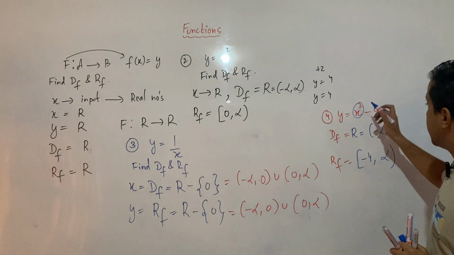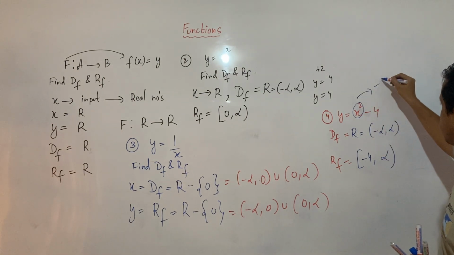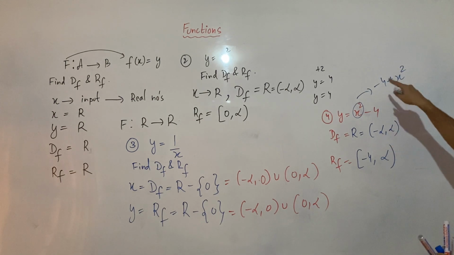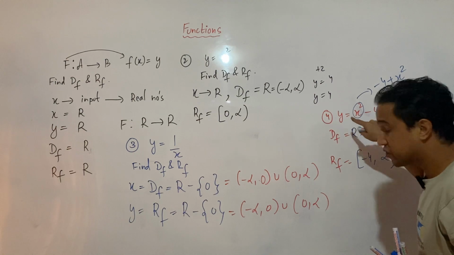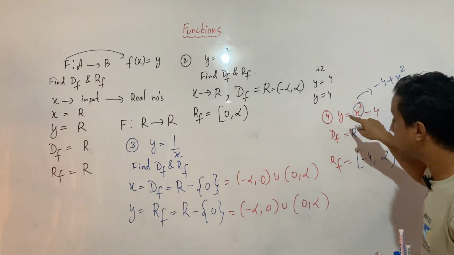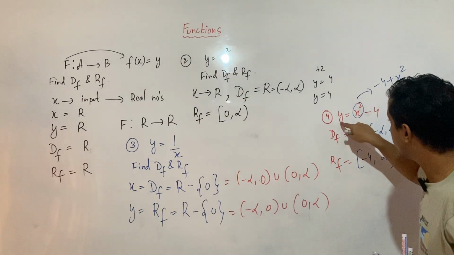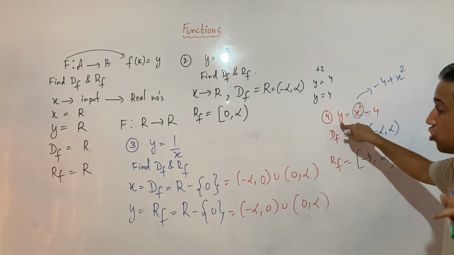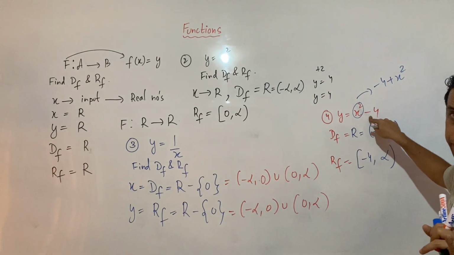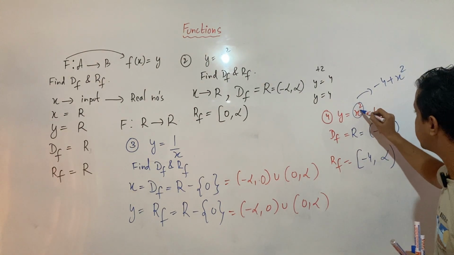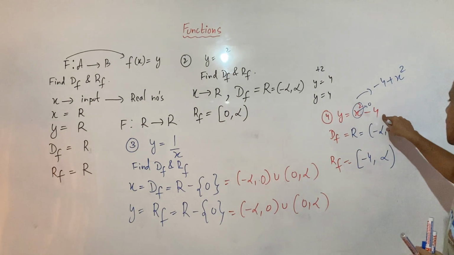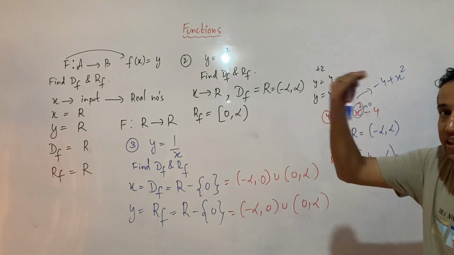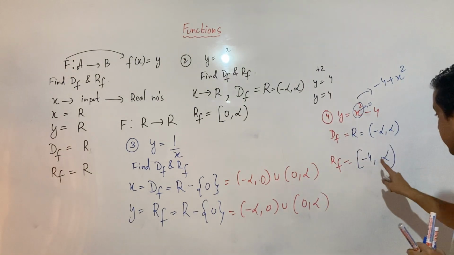Why? Because this can be written as minus 4 plus x squared. So the minimum output of this function cannot be less than minus 4. Why? Because x squared can take the minimum value 0, so the minimum value would be minus 4, and then you will get higher values. So that's why the range is minus 4 to infinity.